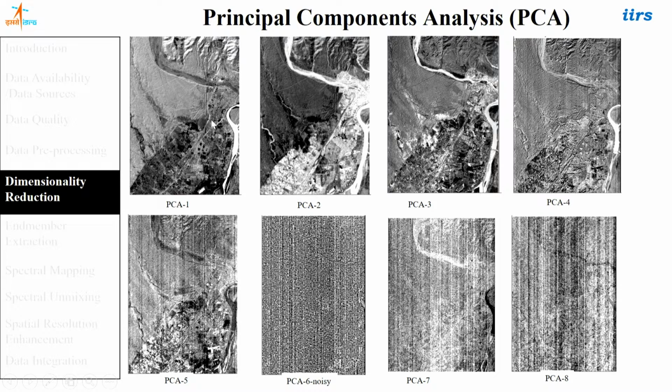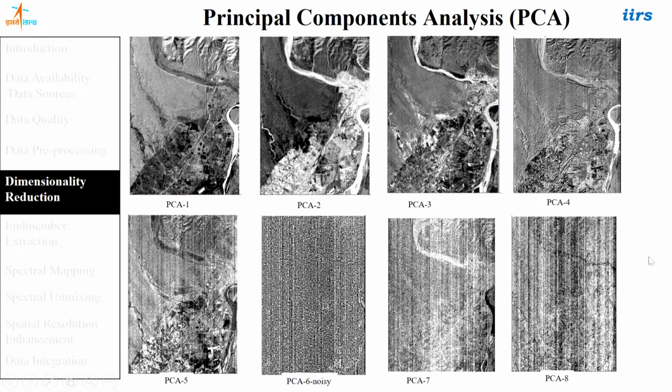In this case, you see PCA 1, 2, 3, 4 are informative, the fifth is informative, all of a sudden the sixth is noisy, then the seventh is informative, then the eighth has a little bit of information. So in between, a noisy component will come. But why is it happening? Because when we are translating and rotating, we are not bothered about the noise content present in the data.